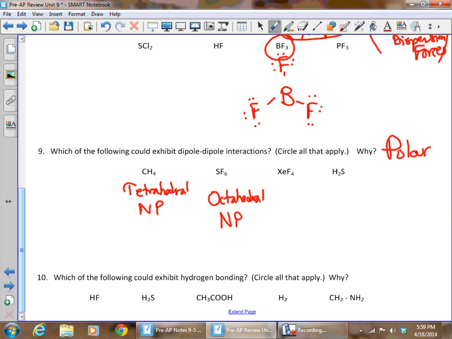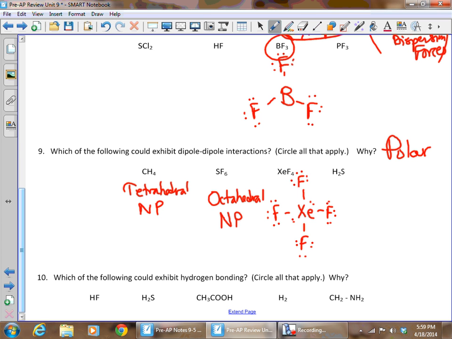Now this one ends up being weird. I am going to show you what this one looks like, because we're going to have 4 fluorines around here. All of them are going to be full, but this is one of our exceptions to the rule, because what happens is we get lone pairs on xenon. It looks at first glance like this is going to be polar since it has lone pairs on that xenon.